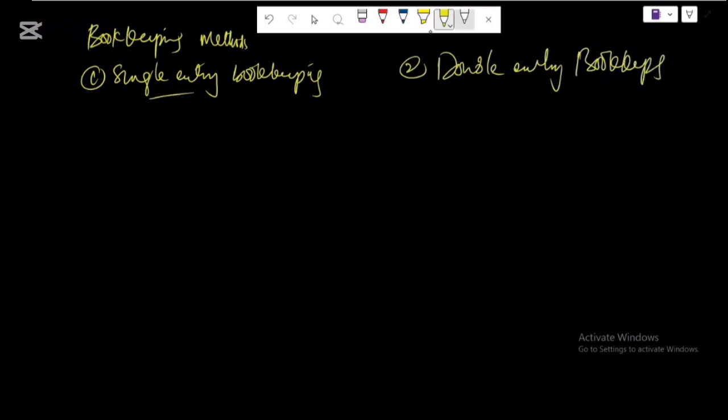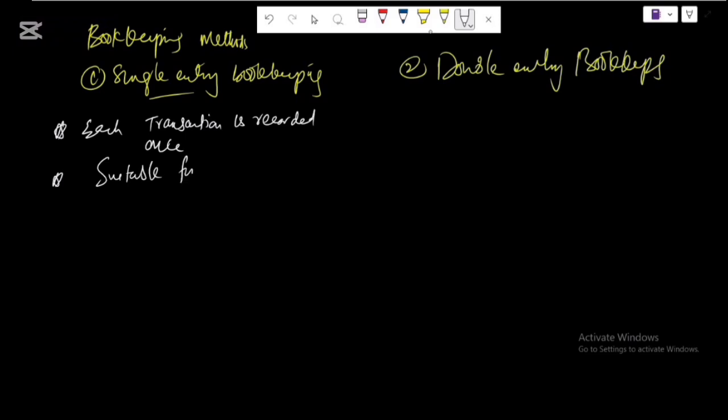In single entry bookkeeping, each transaction is recorded once. The second point here is that this sort of accounting is suitable for small businesses.